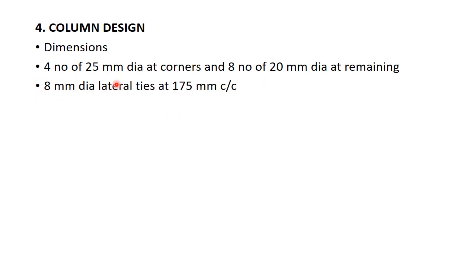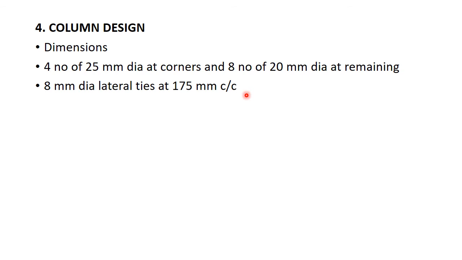By calculating the lateral ties, finally we decided to provide 8 mm diameter lateral ties at 175 mm center to center. You should check whether the value is within the limit, that is the least lateral dimension or 300 mm or 16 times the diameter. If it is within that, then the spacing is also okay.